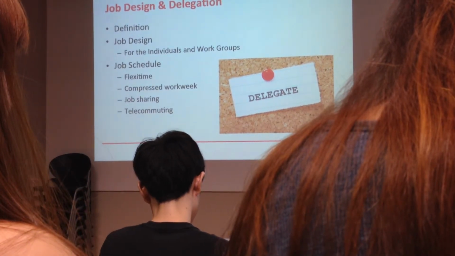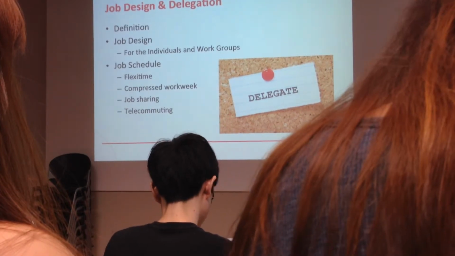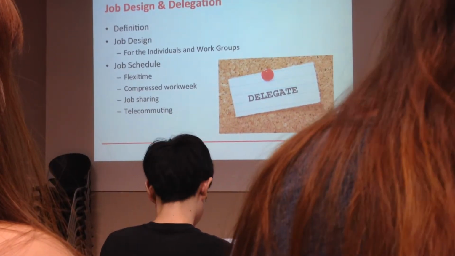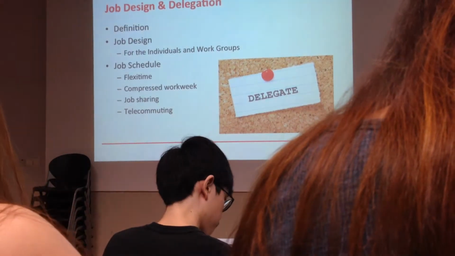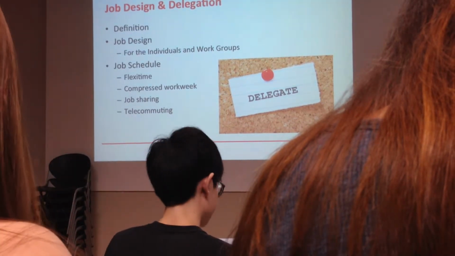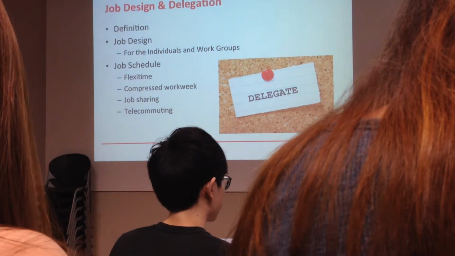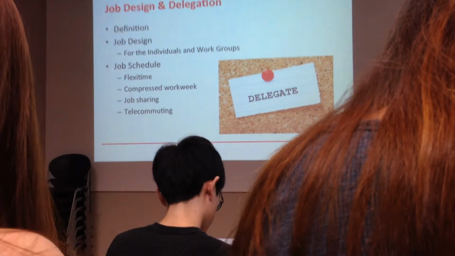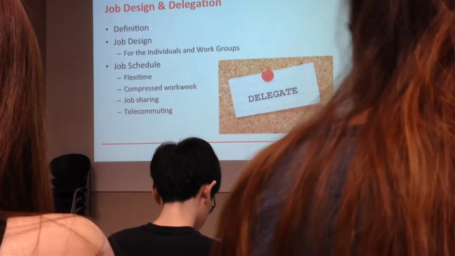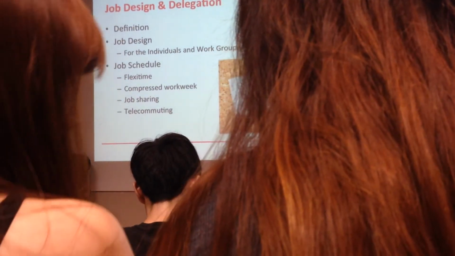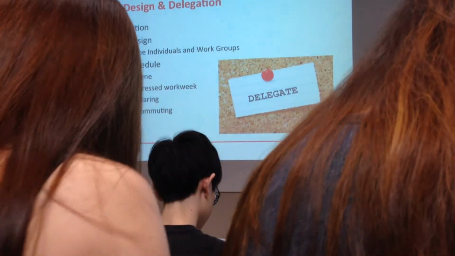That is why having a spectrum of job schedule arrangements would be very useful to your staff, isn't it? Many of you may be thinking, I just ask them to start work at 9 o'clock and finish work at 6:30. Isn't that good enough? Why do we have to make special arrangements for them to come in at 10:30 and finish work at 8:30?